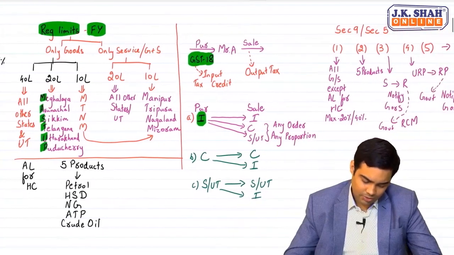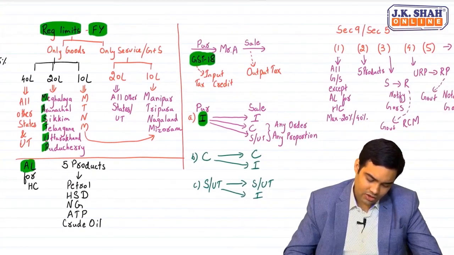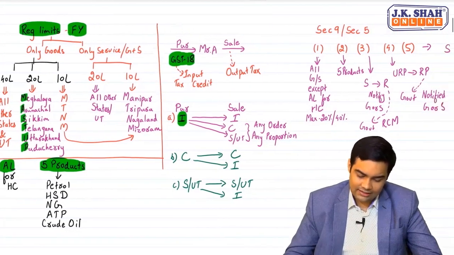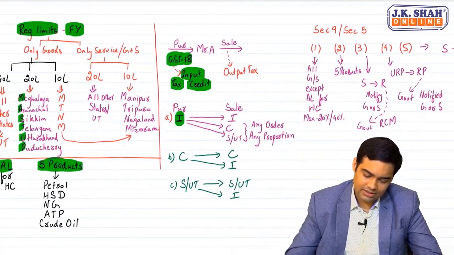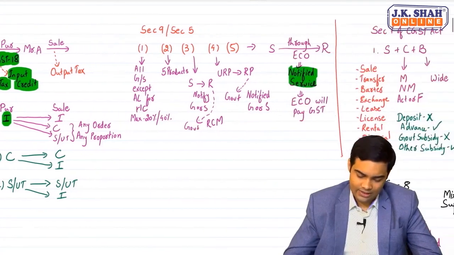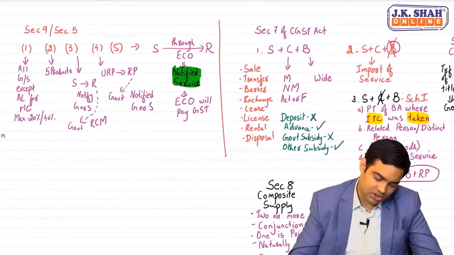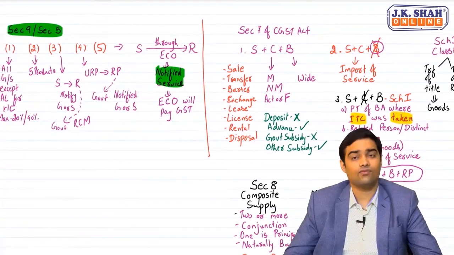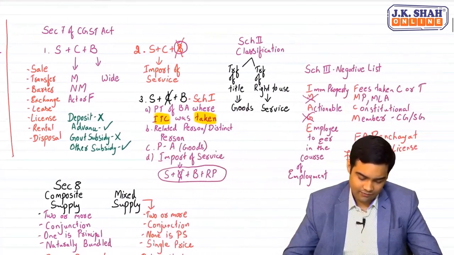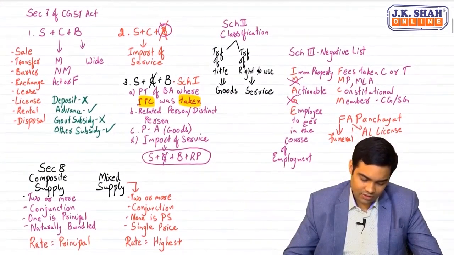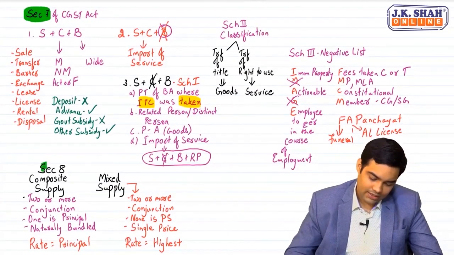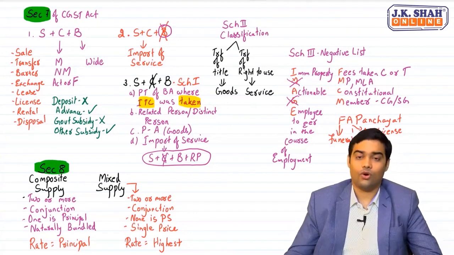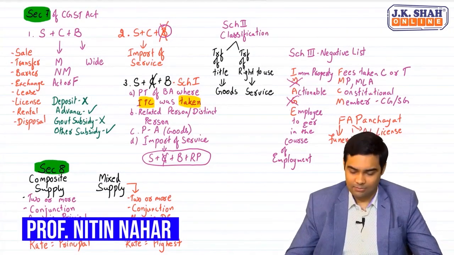Then we spoke about various products, alcoholic liquor, 5 products. Then we entered into utilization of ITC. What is the method of utilizing ITC? Then we move towards charging section, that is section 9 of CGST Act and section 5 of IGST Act. And finally, we concluded with section 7, that is scope of supply, and section 8, composite and mixed supply.